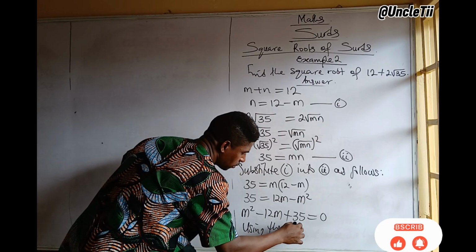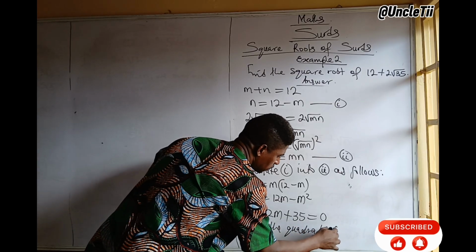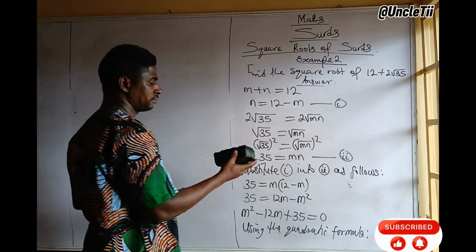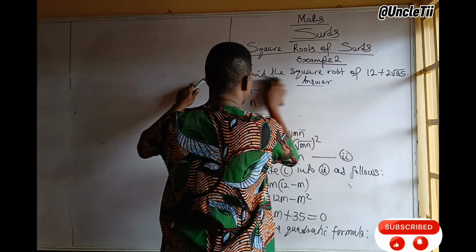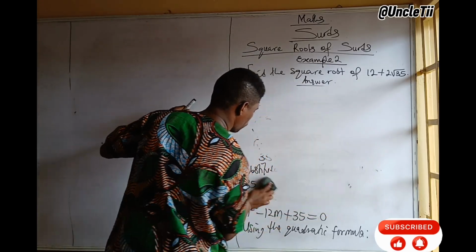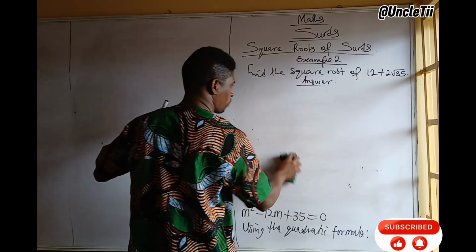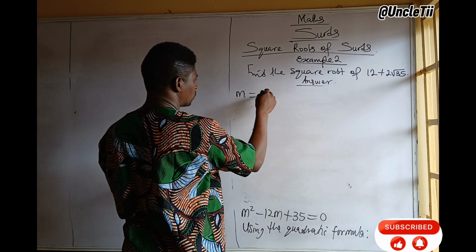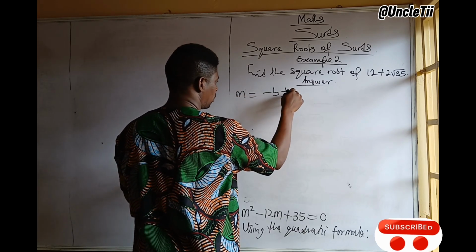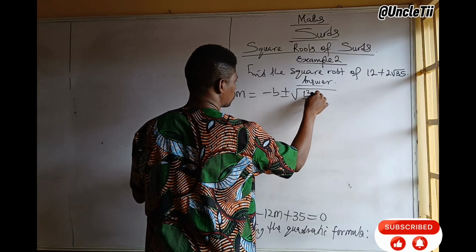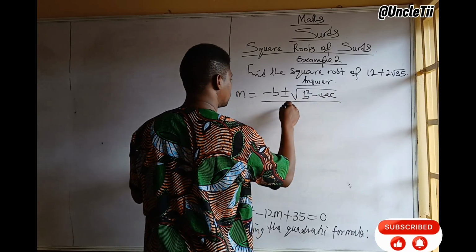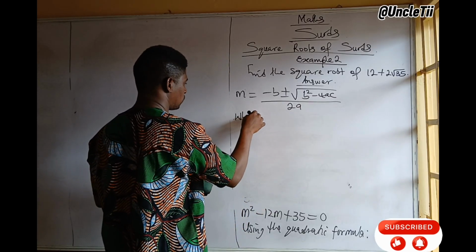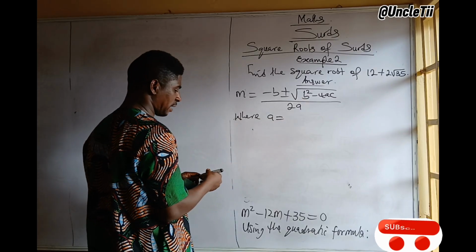Using the quadratic formula, m will be equal to minus b plus or minus the square root of b squared minus 4ac, everything divided by 2a, where a is the coefficient of m squared.